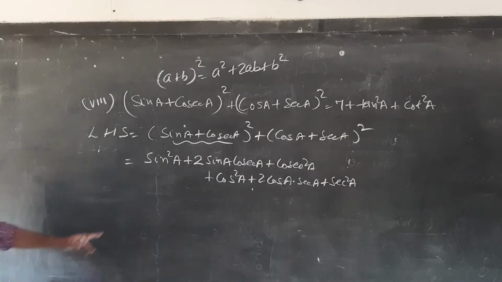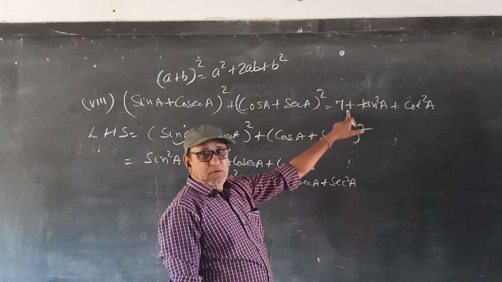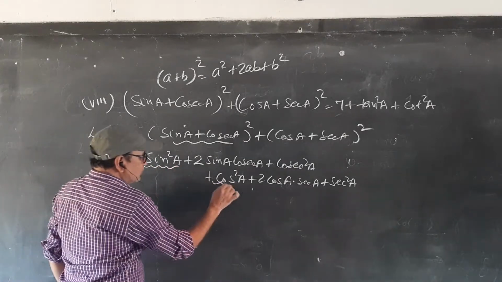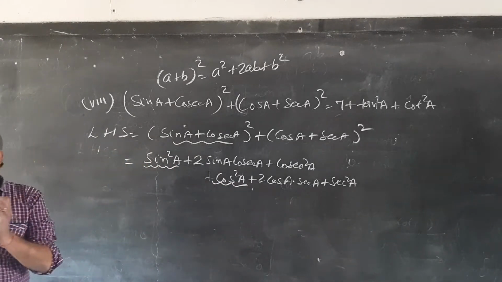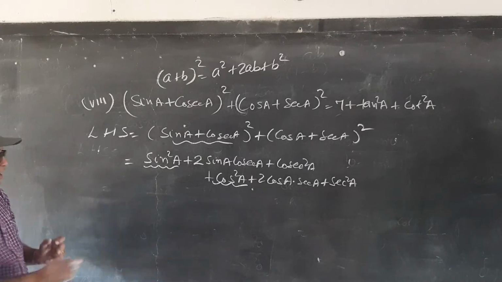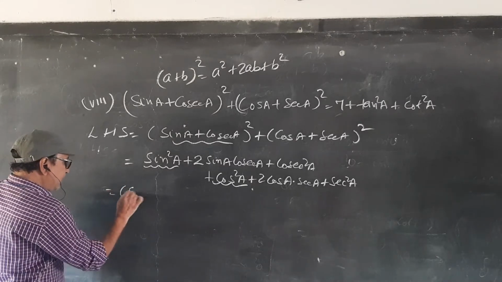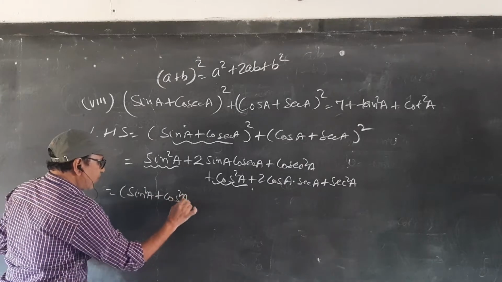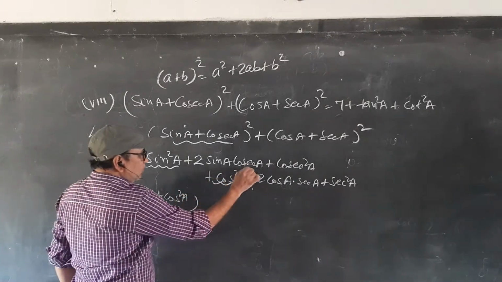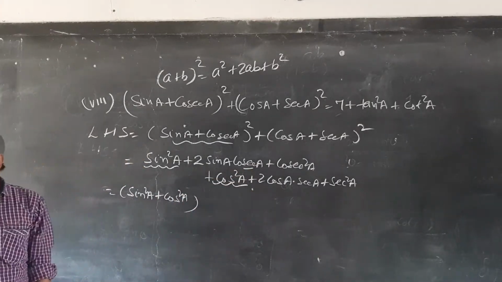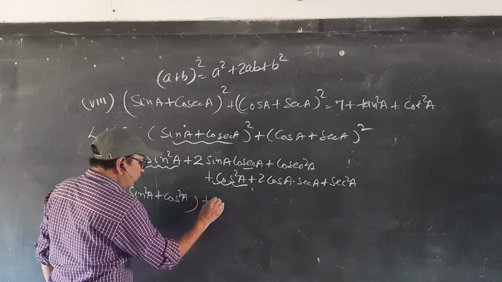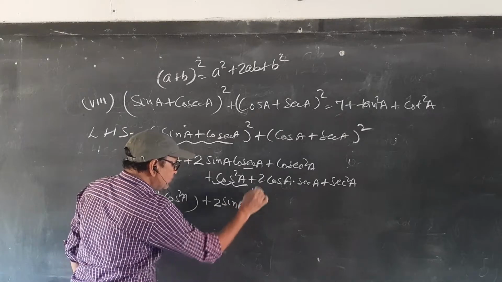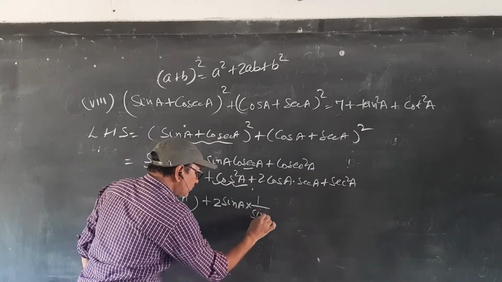Now keep in mind that we have to get 7. Yes. Okay, good. Now see, sin square a and cos square a write together and it is 1. You know the identity, or you can write here sin square a plus cos square a equals 1. Now see, cosec means 1 upon sin, so it has 1, write 2 sin a, and I change it, cosec means 1 upon sin.